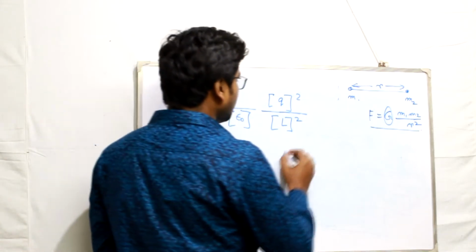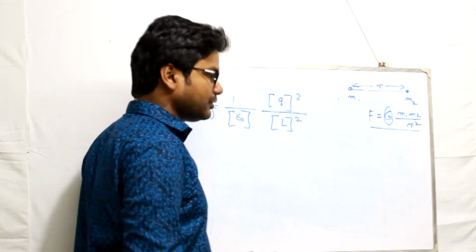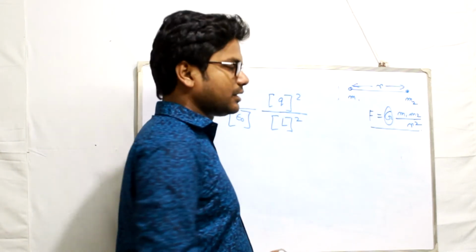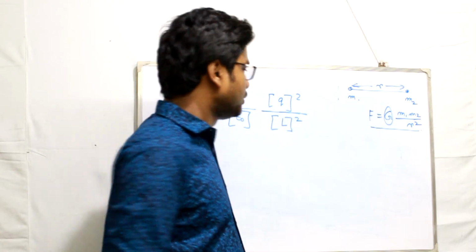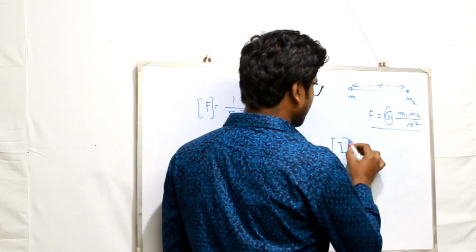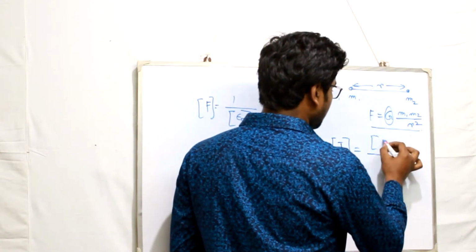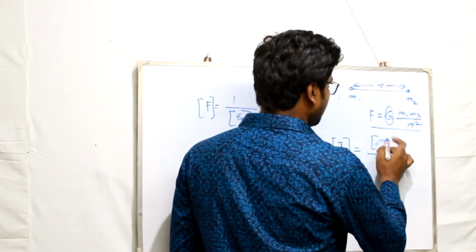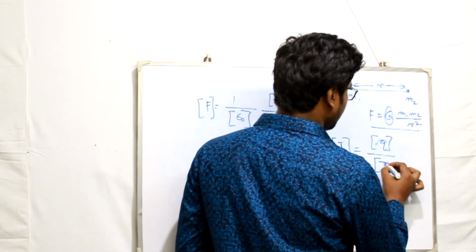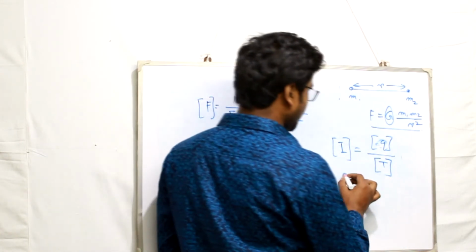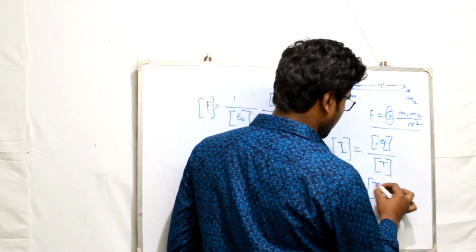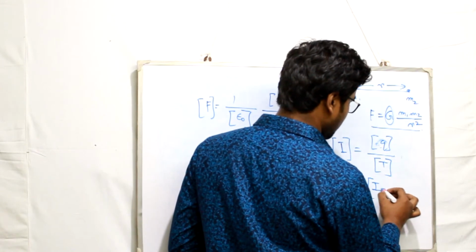We do not yet know the dimension of q. To understand it, we take I to be current and q to be charge. Then current equals charge by time, so the dimension of q should be I t.